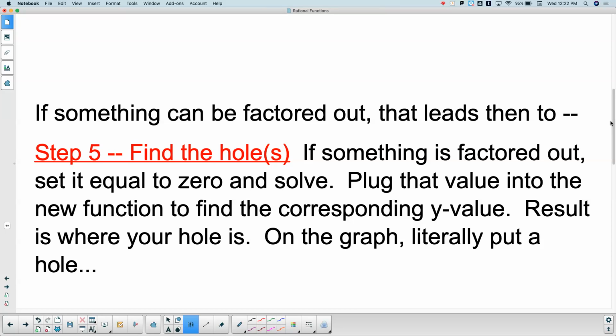That x and that y together are the coordinates of the hole on the graph. And you literally put a hole on your graph. You circle that point and nothing can fill that hole. So you're going to have to pick up your pencil when you get to a hole.